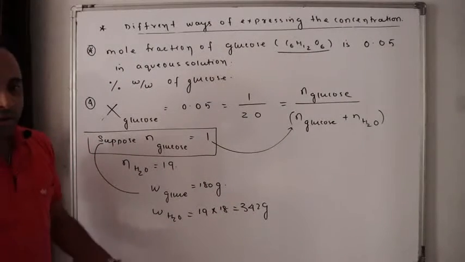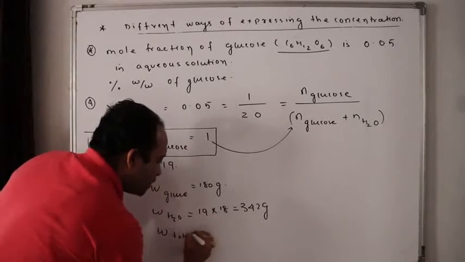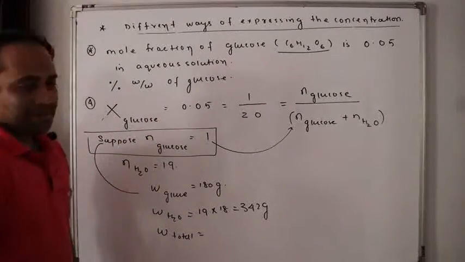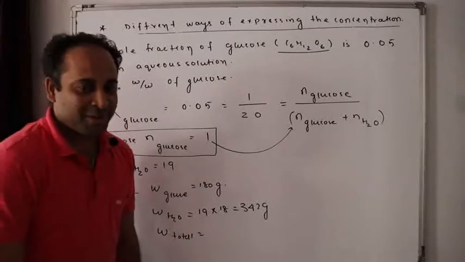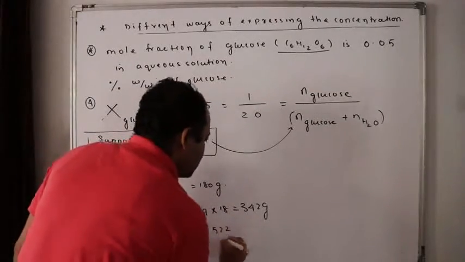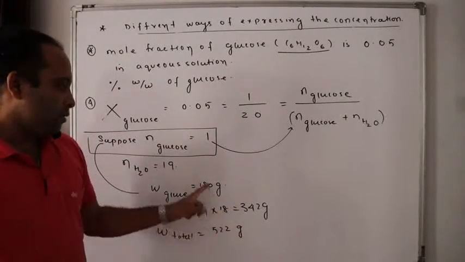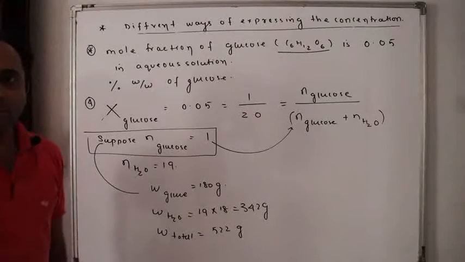Okay, now what is the total weight? There may be calculation mistakes, because maths for chemistry students. It is 522 grams.